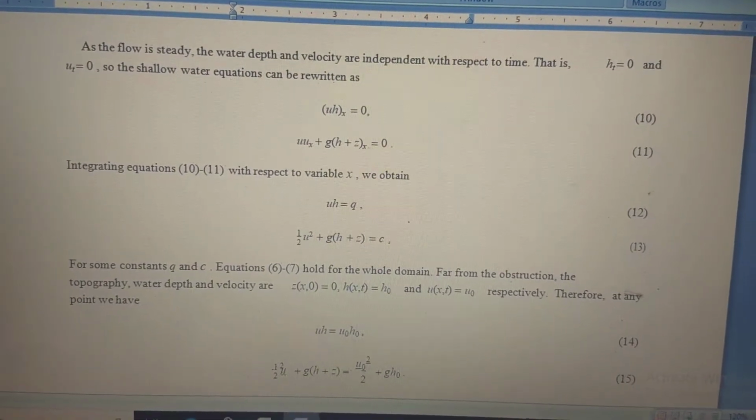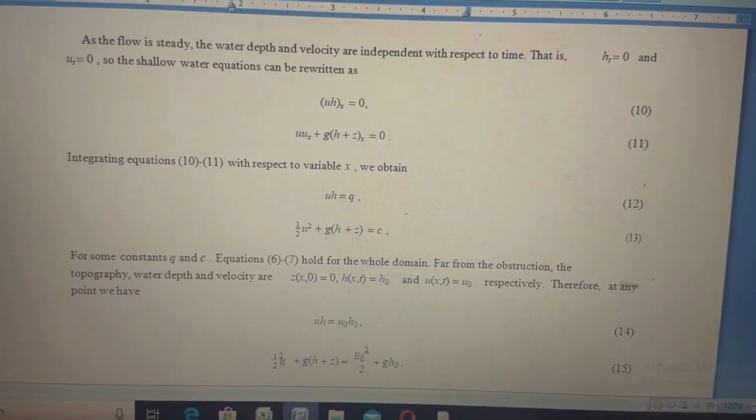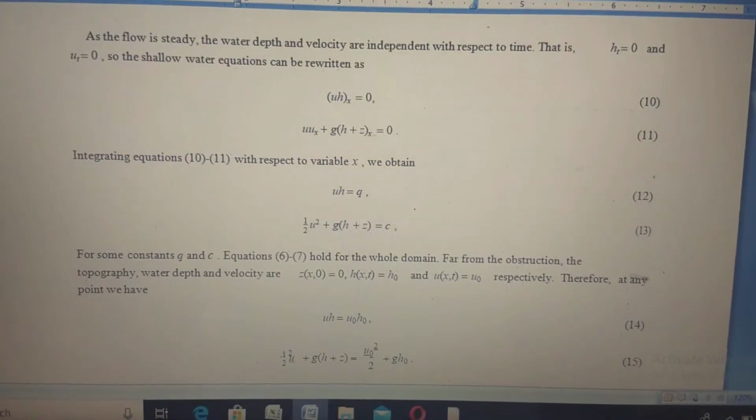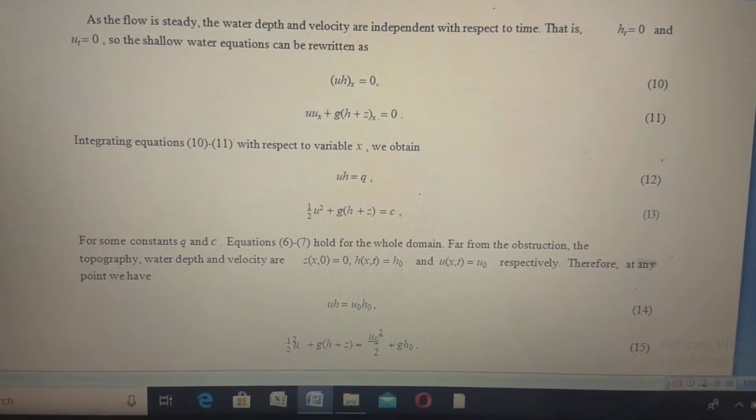So the shallow water equation can be rewritten as uh of x equal to 0, u ux plus g of h plus z x equal to 0.